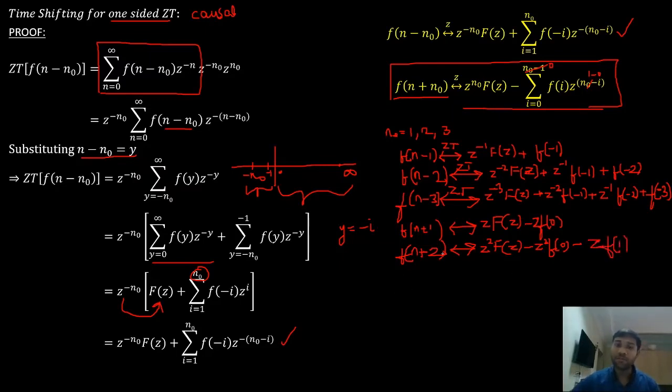So for f of n plus 3, I'll have z cube into f of z minus z cube into f of 0 minus z square into f of 1 minus z into f of 2. Like that, you can substitute different values of n and find the one-sided z transform for the time shifted input signal.